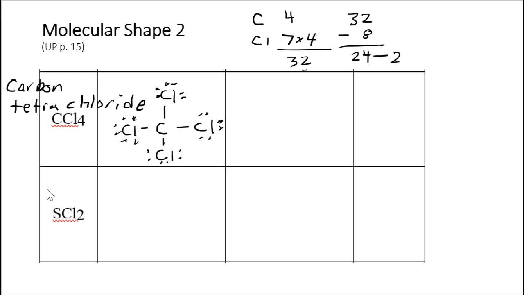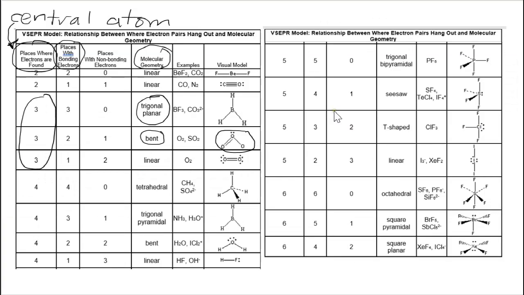We just used up all our electrons. Okay, but notice we're done because the central atom, the carbon, has 8 by the 4 single bonds. So that's the shape. So let's go to our table.